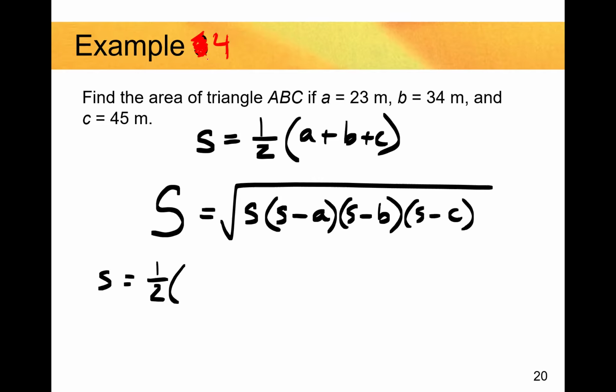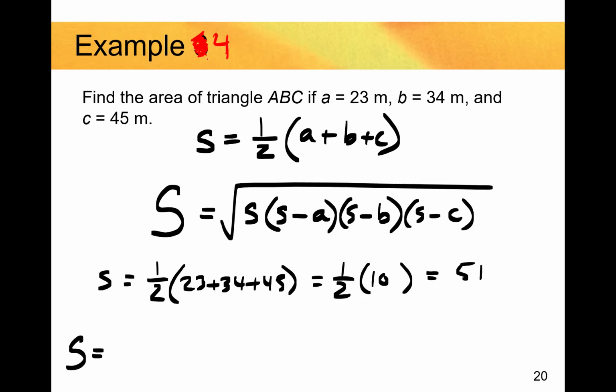Little s is 1/2 of 23 plus 34 plus 45, and that total is 102. Is that right? Yes. Half of 102 is 51. So we got that value for little s. All right, this one you need a calculator for. So it's going to be 51.